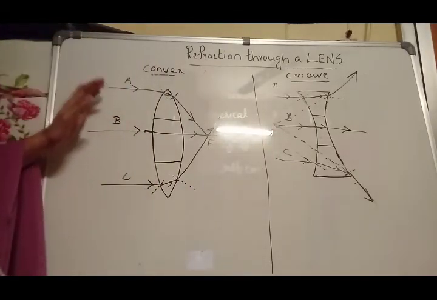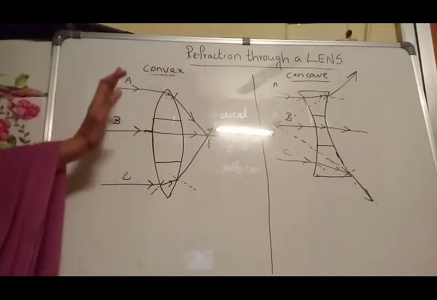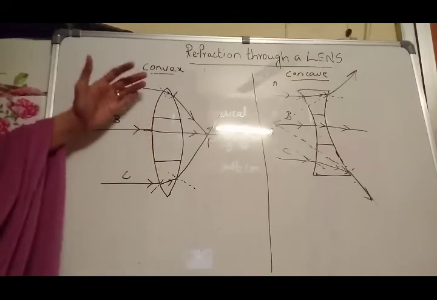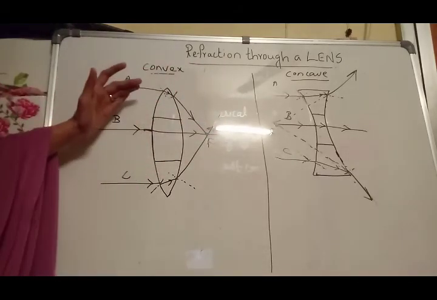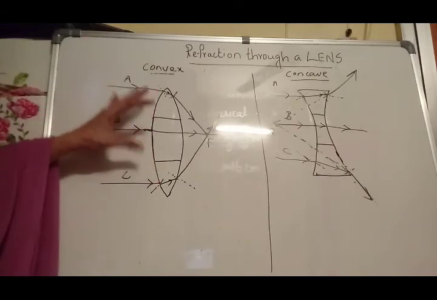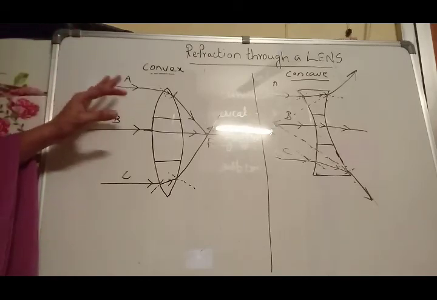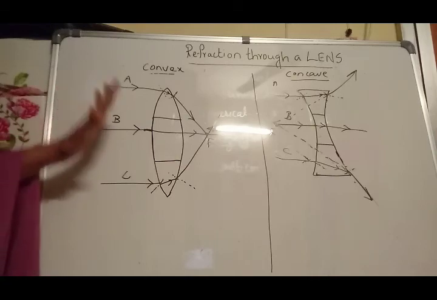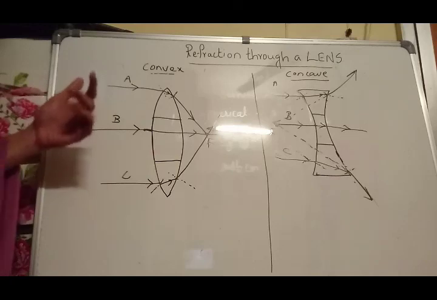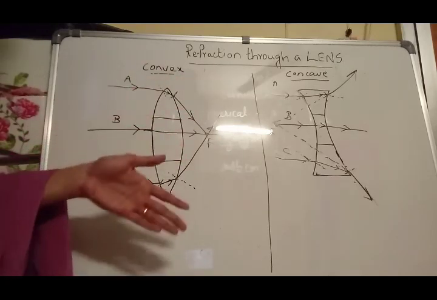This is how the ray refracts when passed through a convex lens and a concave lens. The behavior is studied by considering the concave and convex lens as different sections consisting of slab and prism. This is the basic concept of refraction through convex lens as well as concave lens. Now we will learn about the technical terms involved in convex lens and concave lens, and we will go to the detailed learning.